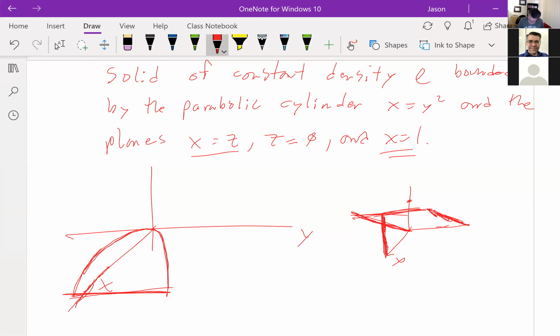So if we start at 0, 0, then we go up. It's going to be hard to draw. I'm going to draw it a little slanty, from a little different perspective.